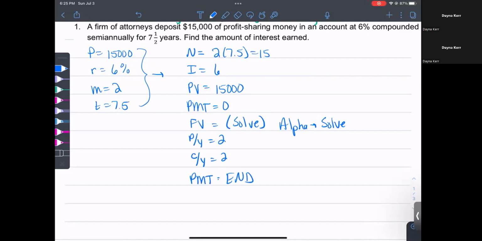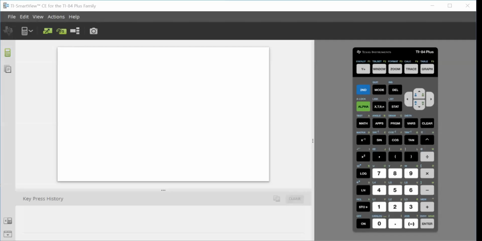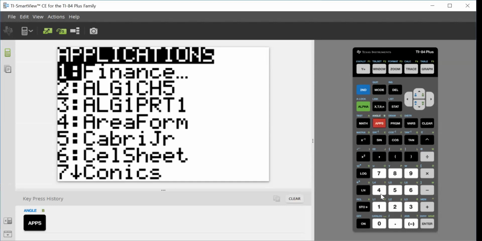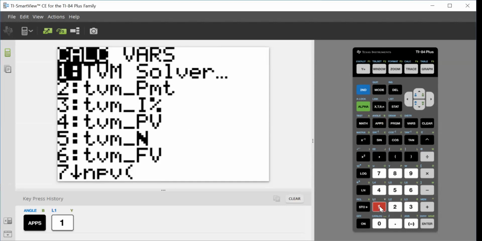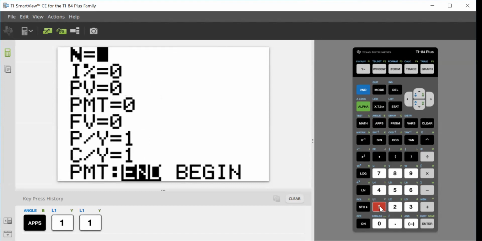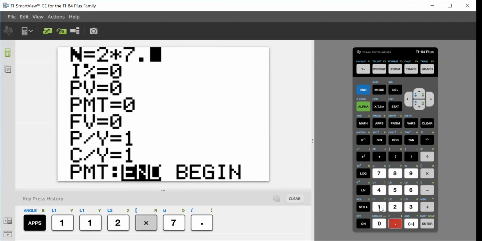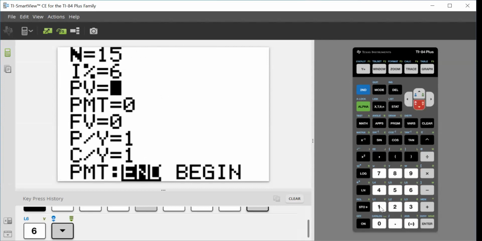So I'm going to go ahead and switch to my calculator view. I'm going to start by bringing up the Apps menu right here. I'm going to choose Finance, number 1. TVM Solver is number 1, and you'll see that list of variables that I mentioned. So I'm going to say 2 times 7.5, and I'm going to arrow down to the next one, and notice it went ahead and multiplied that for me. 6, 15,000.